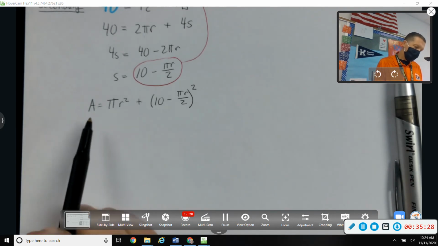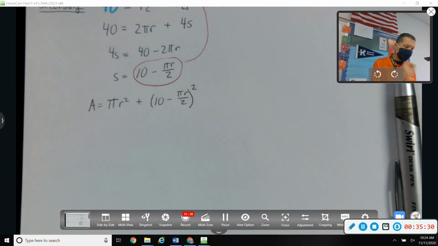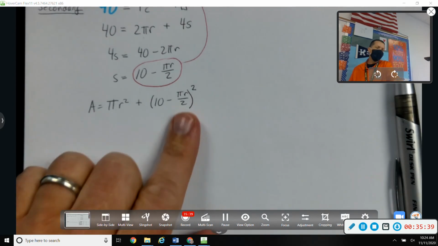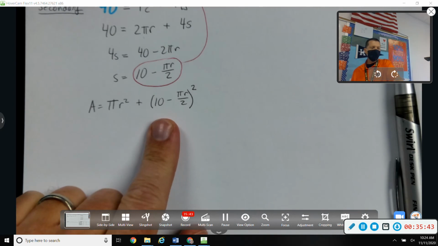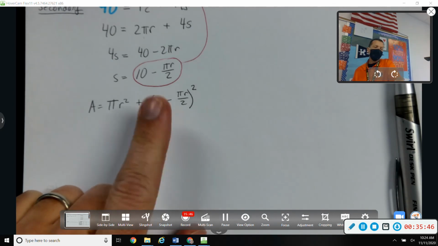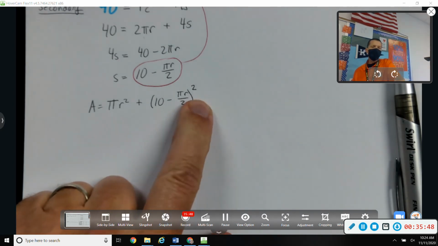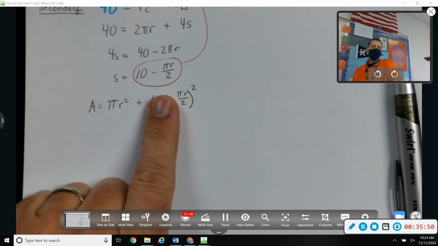Alright, I want to take the derivative of that. I'm at the place where you can pay me now or you can pay me later. I can square that out and pay the price in algebra world and make my calculus a little bit easier. Or I could leave it alone and pay the price in calculus world with the chain rule.